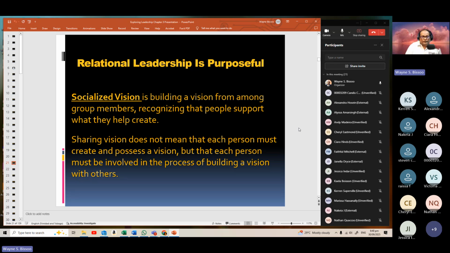All right. So this is one of the reasons why relational leadership really speaks more to socialized vision. If you ever join an organization, one of the first things you need to do, especially if it's an organization that's been in existence for a long time, is get to understand the vision and mission statements of the organization, if they have one.